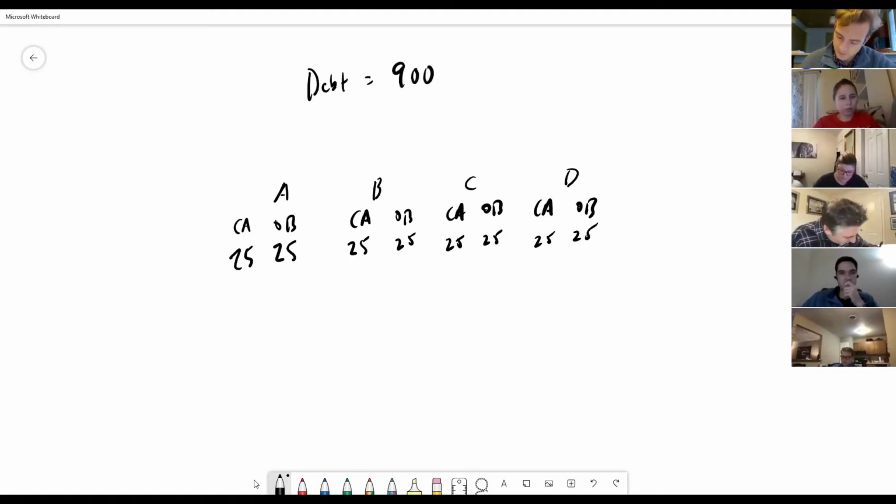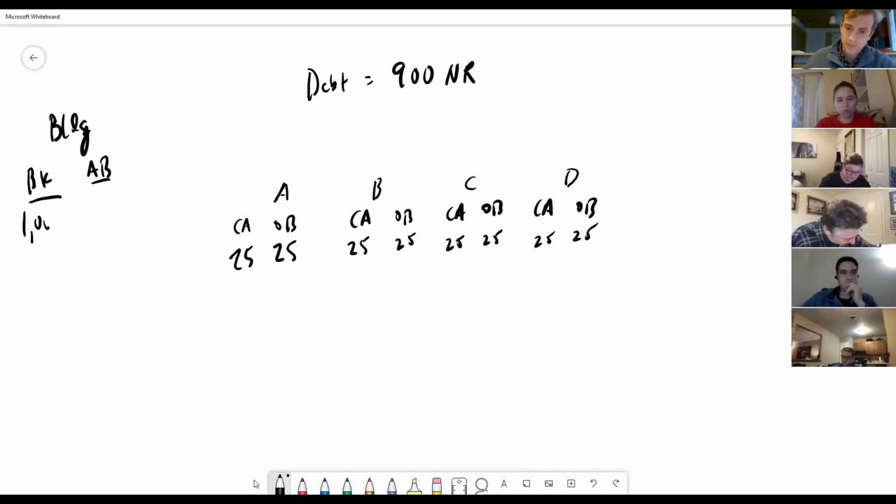It's non-recourse debt. And then they end up with this building over here on the left side of the balance sheet. It has a book value and a basis of $1 million. So that's all well and good.